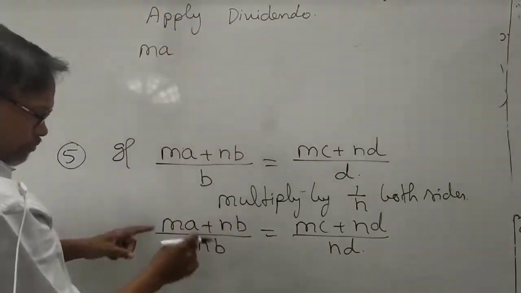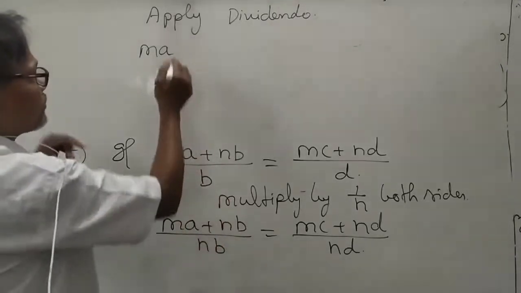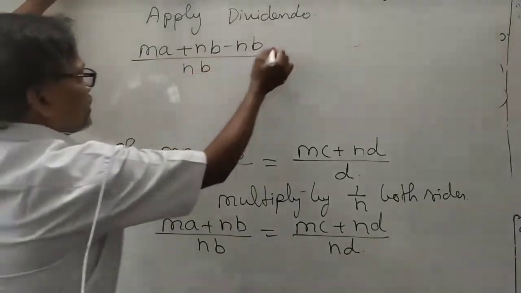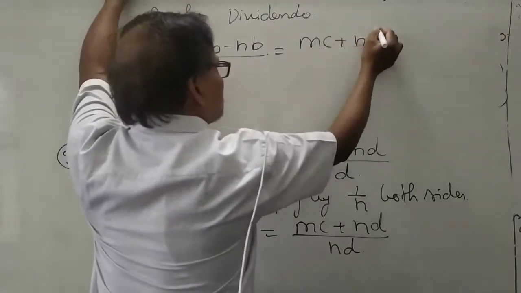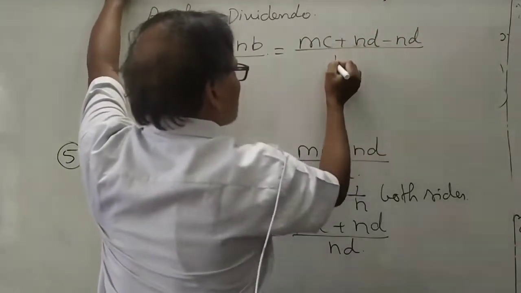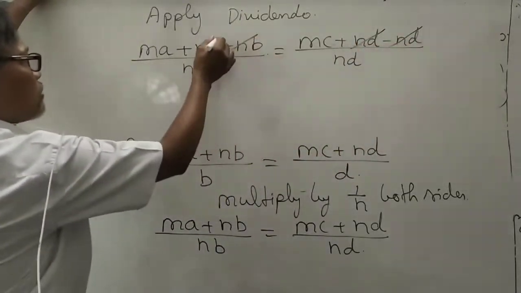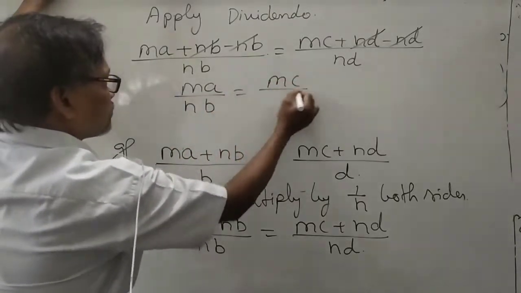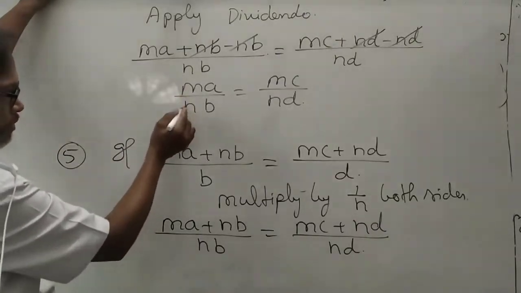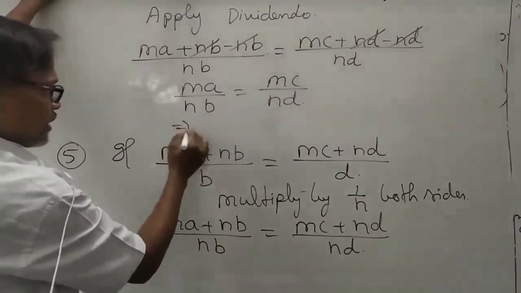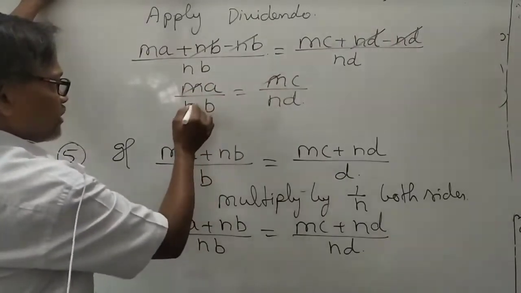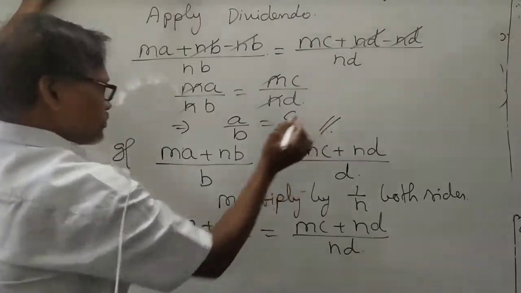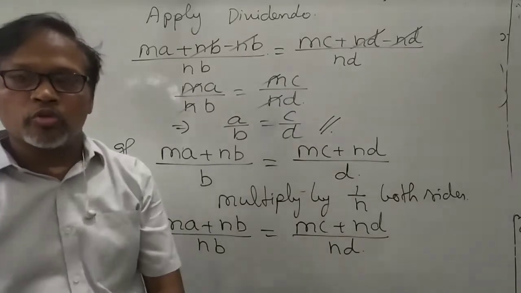In dividendo, the denominator is subtracted, so ma upon nb is equal to mc upon nd. And then m upon n is here, m upon n is there, so you can cancel it. Good. So by this way you can prove your questions.